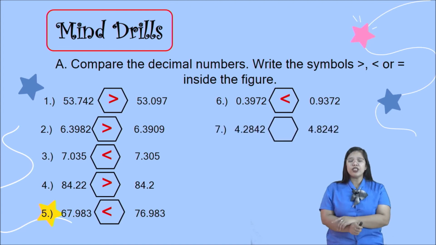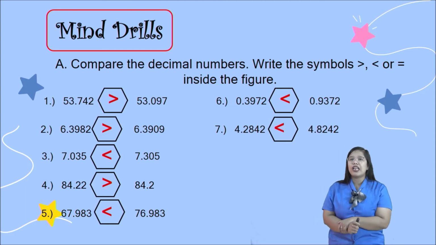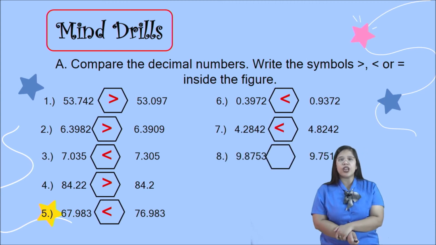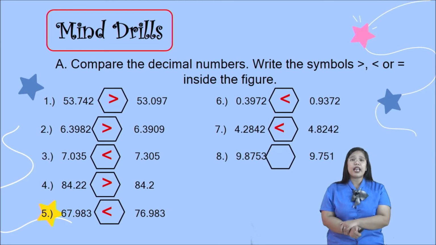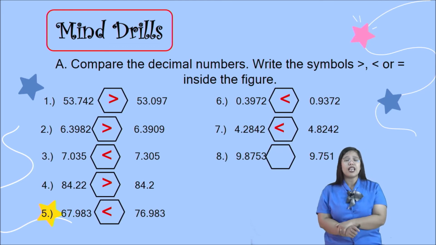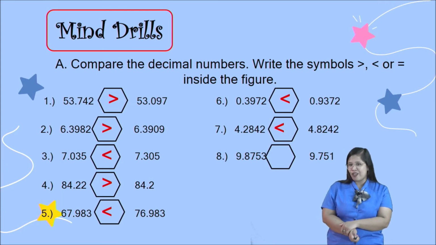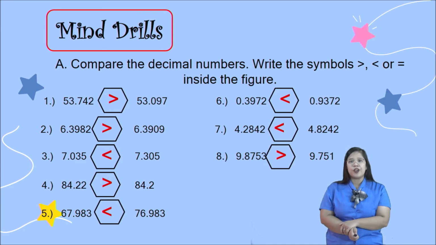For the seventh one, we have 4 and 2,842 ten thousandths and 4 and 8,242 ten thousandths. The answer will be less than. For the eighth one, we have 9 and 8,753 ten thousandths and 9 and 751 thousandths. The answer will be greater than.